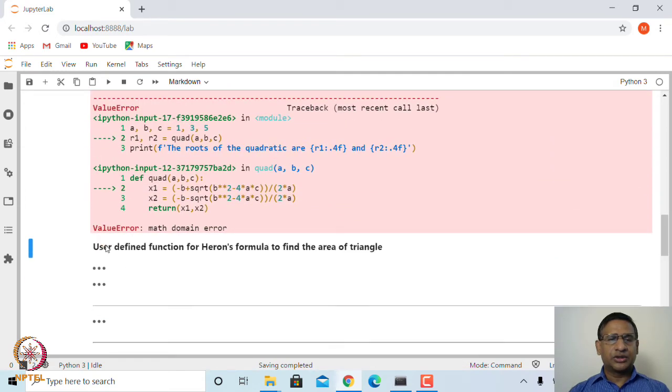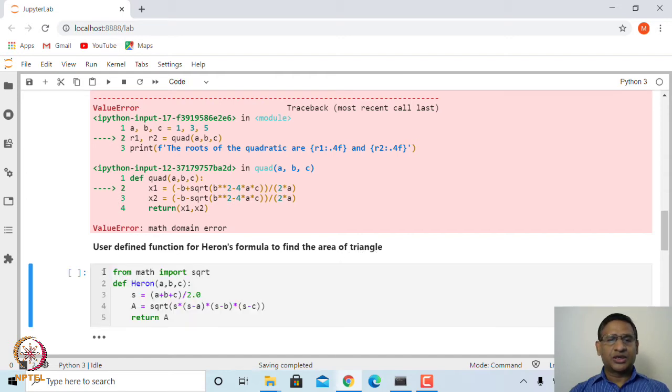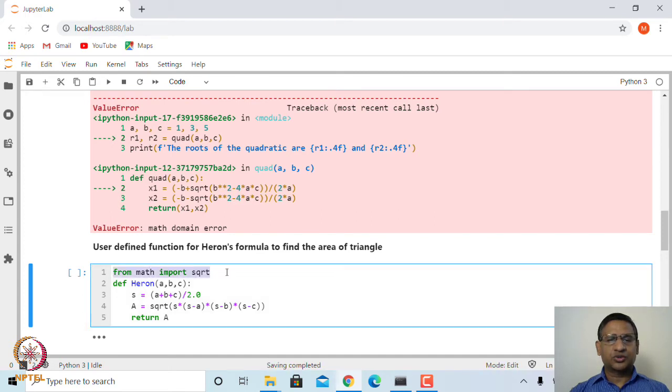Okay. Now, similarly, suppose we want to make a user defined function for calculating the area of a triangle using Heron's formula, then since Heron's formula will require calculation of a square root, let us import a square root from math module, and then the name of the function is Heron, the arguments are a, b, c, and calculate s is equal to semi perimeter and the area is a, and then return the area.